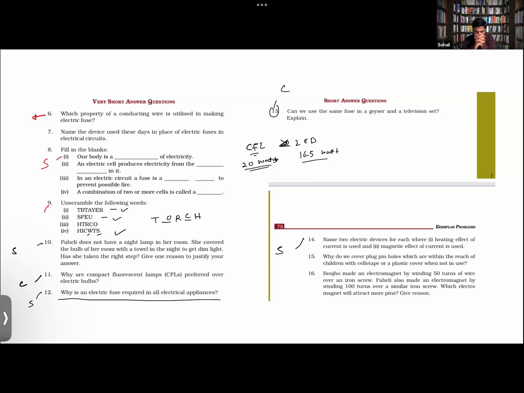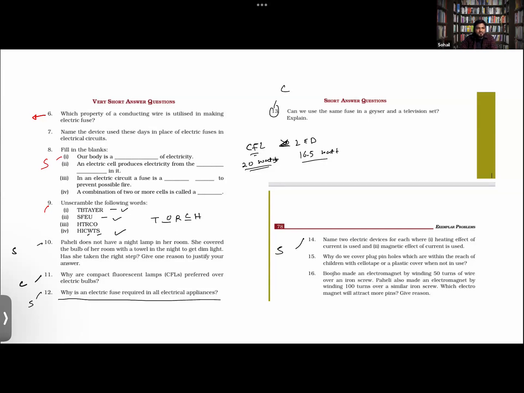We can use the same fuse in a geyser and television set, and that's because, sir, geysers have high power ratings compared to TVs. Exactly. They need more current when we are using them.